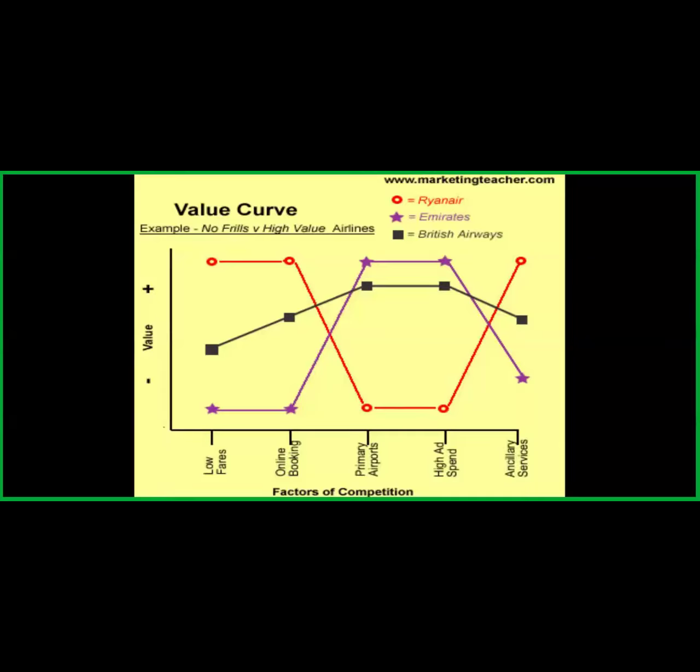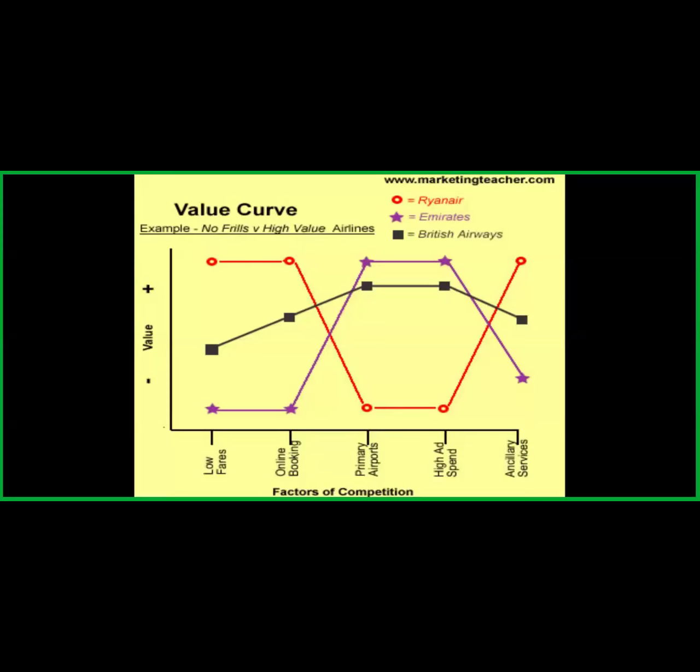Now, when this analysis is studied by the company, the company has to decide what our primary objective is: whether we want to provide a low fare airline, or we want to provide the best airline with high fares, where quality is best.